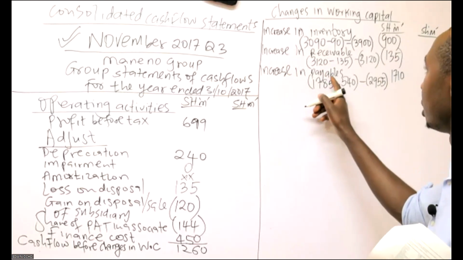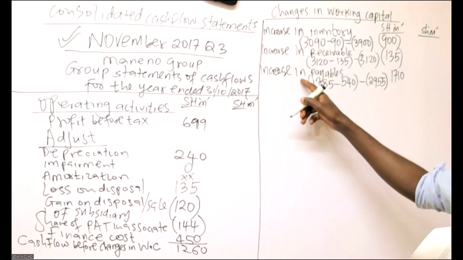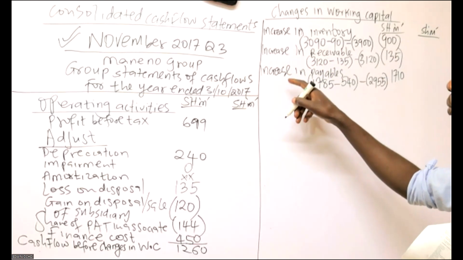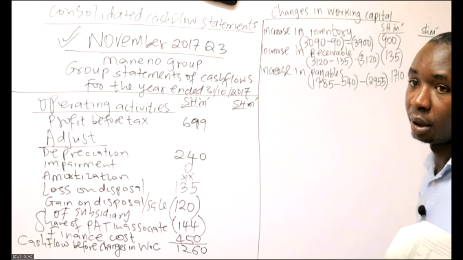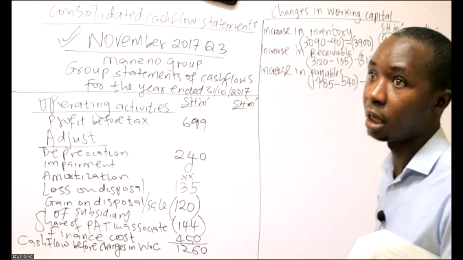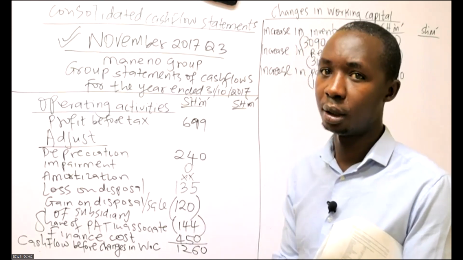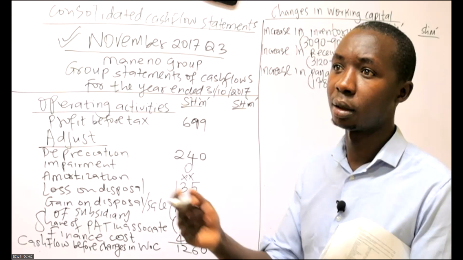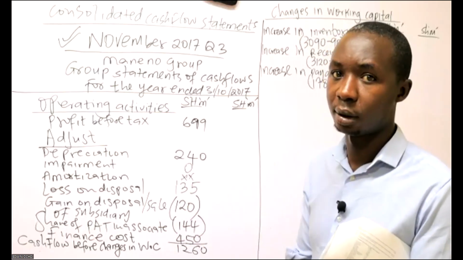So when your liability increases, this is an increase in creditors. Creditors are the people who sell to you on a credit basis. Meaning that when they are increasing, they are still selling to you, and you have not paid. So it's like you are acquiring more liabilities, you are acquiring debts.